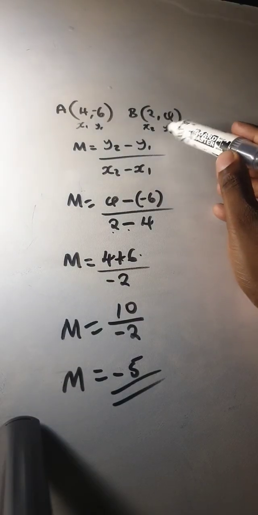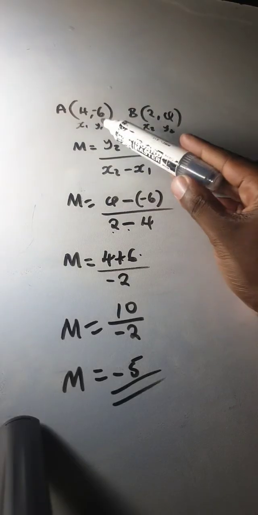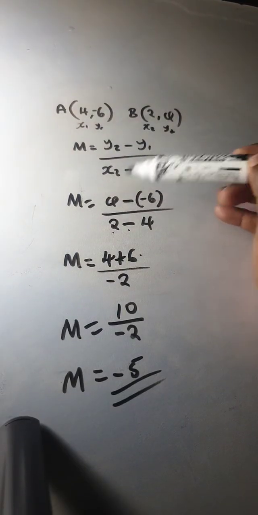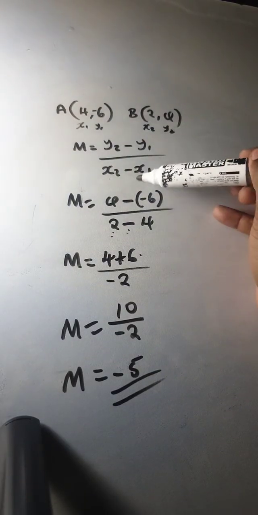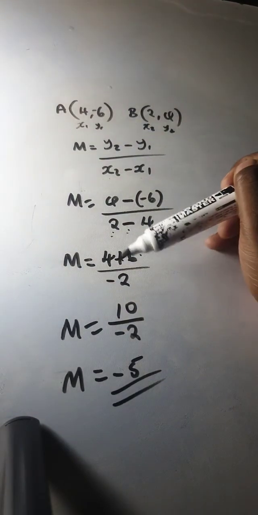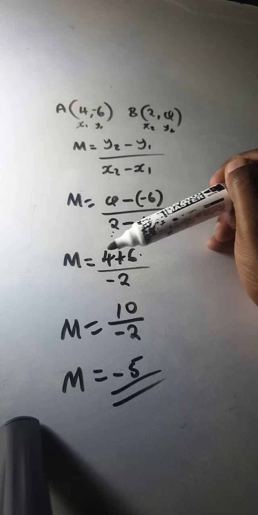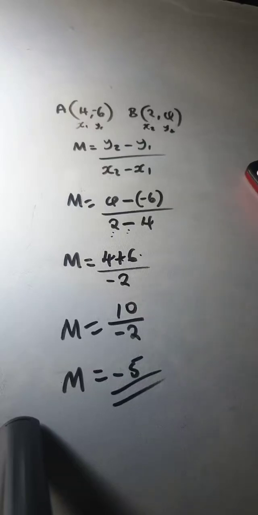Since our y2 is 4, we wrote 4, minus y1 is -6, over x2 is 2, minus x1 is 4. Negative times -6 is +6. 4 plus 6 is 10, divided by -2, which gave us -5 as our answer.